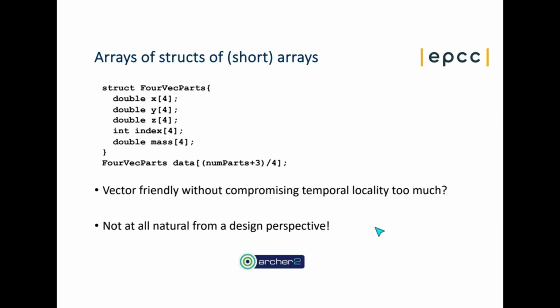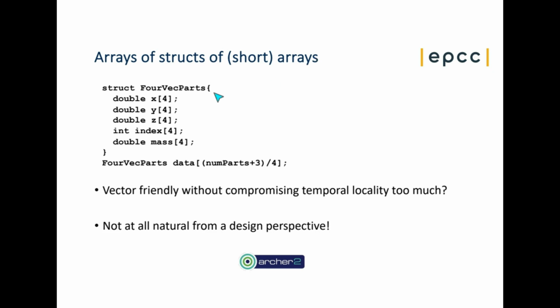Okay, there is a nasty intermediate solution. If you're concerned about the vectorization, you can do an array of structure of arrays, where the innermost arrays are short and matched to your vector length.